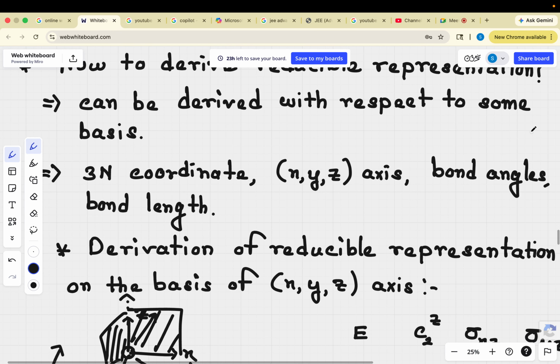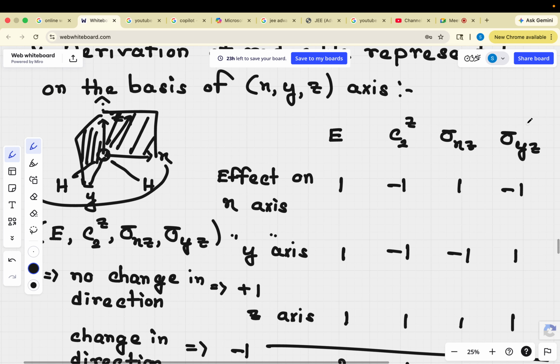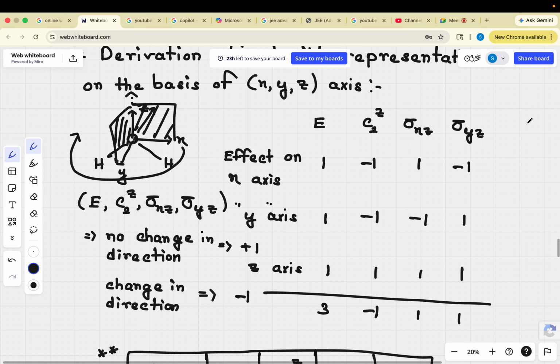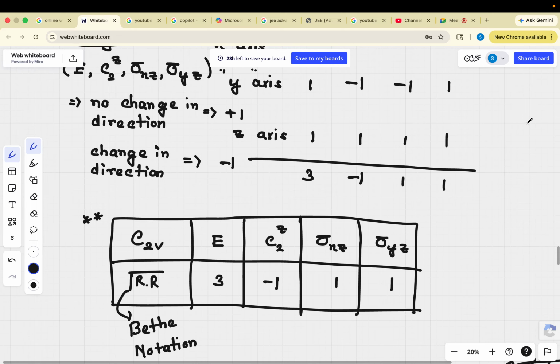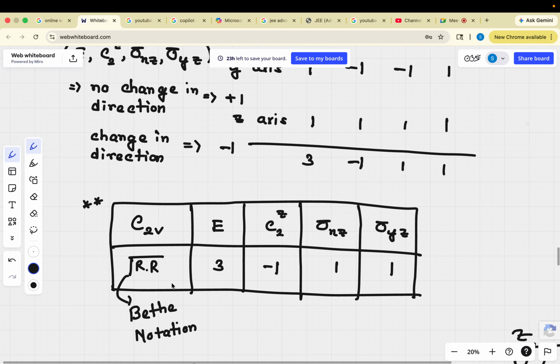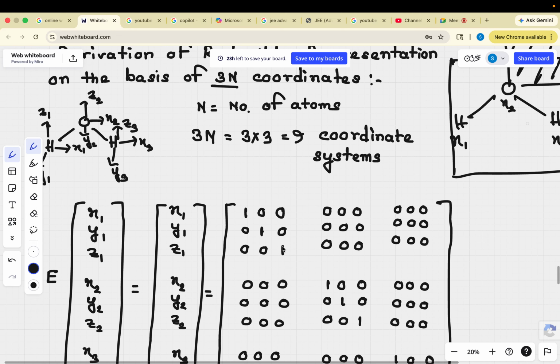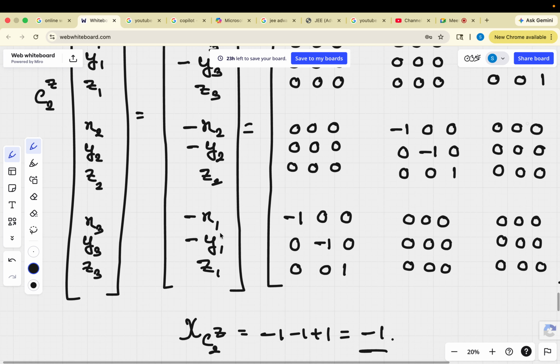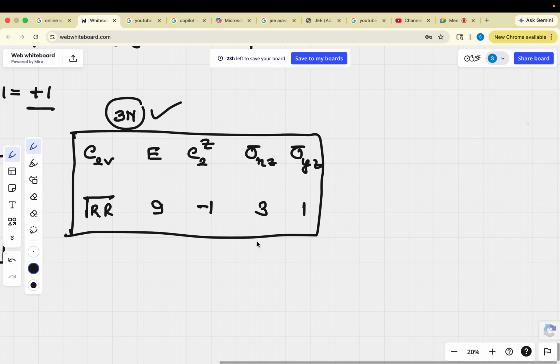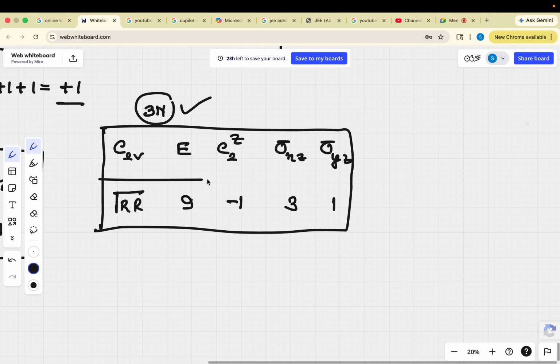But here basically we are doing it from your xyz axis and 3n coordinate system. First of all I did it by xyz axis. Here I have shown you how to find the whole reducible representation table for C2V. But when we do the 3n coordinate system, you have to operate like this, and here we are getting this table for your 3n coordinate system.